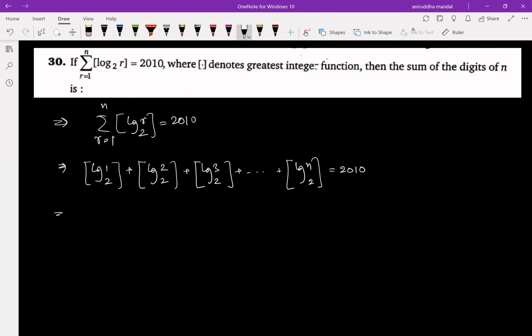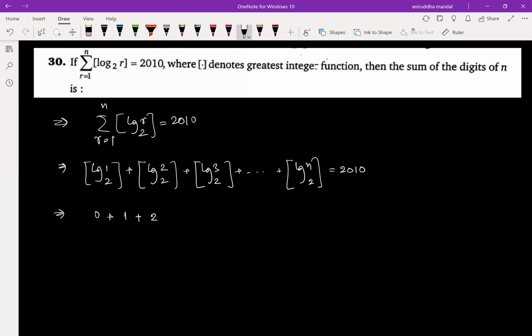Now, we know log 1 is 0, so this is 0. Then log 2 base 2 is 1. Log 3 base 2 is 1 point something.